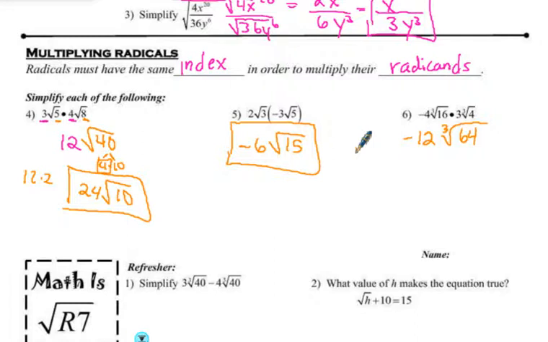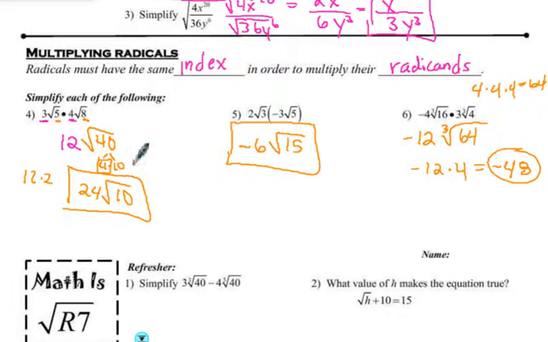That happens to be a perfect cube. We happen to have 4 times 4 times 4 to be 64. So I know that what this simplifies to, there's going to be nothing left underneath once I've taken all those 4's out. So really I'm just going to have negative 12 times 4 to get me a negative 48. And that would be my answer.